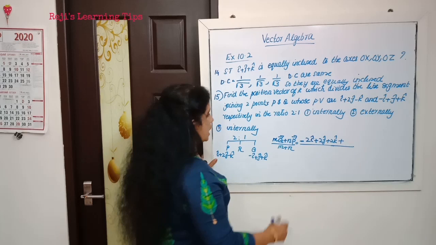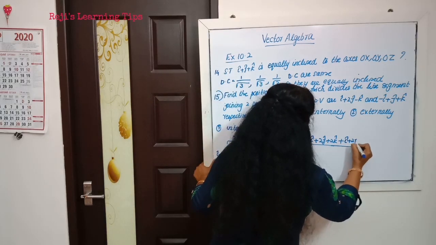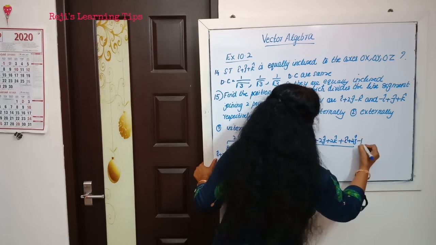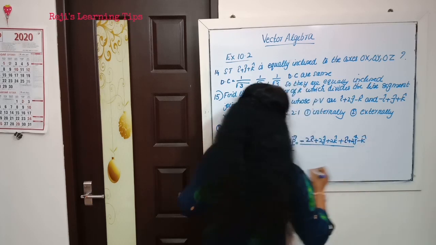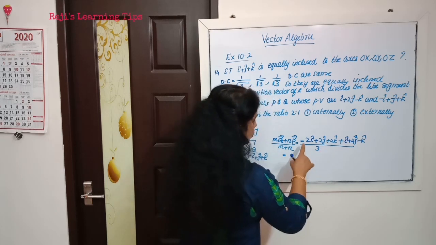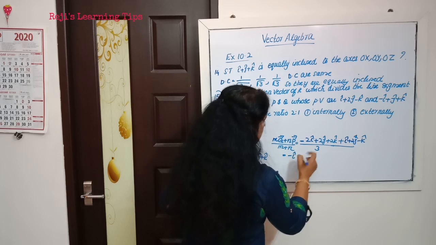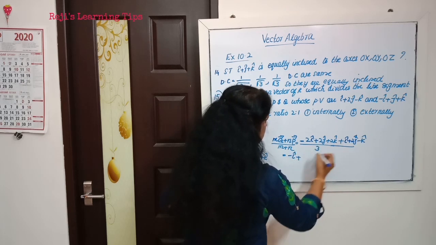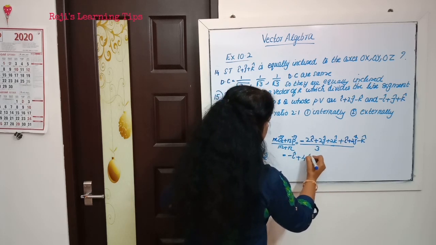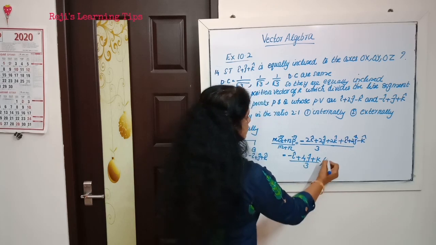n p means 1 into i plus 2j minus k, divided by m plus n, that is 3. That is equal to minus 2i plus i, that is minus i, plus 2j plus 2j that is 4j, plus 2k minus k that is plus k, divided by 3.